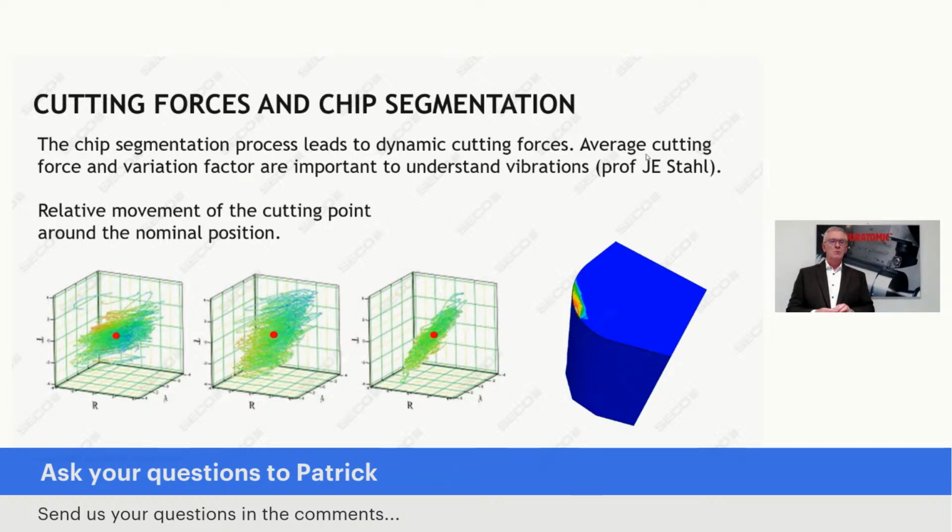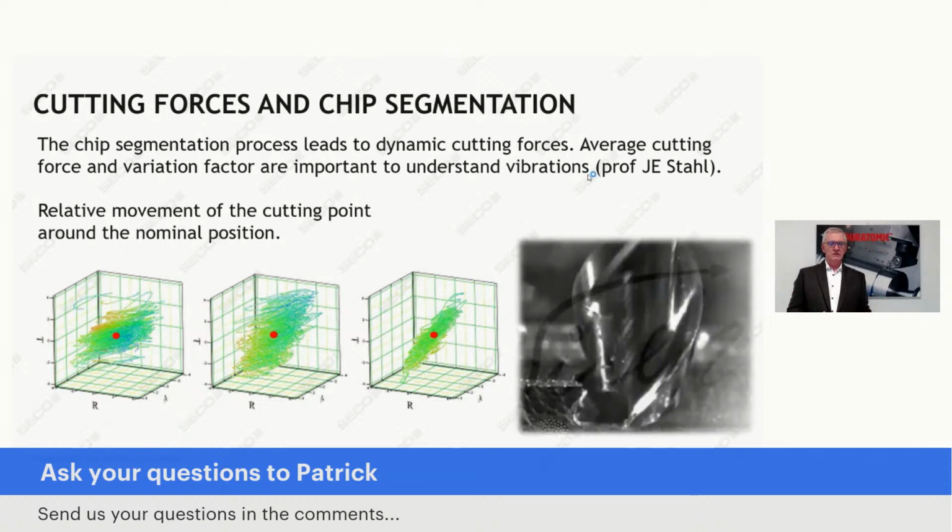But if we look at reality, however, the cutting point, the green thing you see on the diagrams here, is making movements around the equilibrium position, the red dot, and that creates micro vibrations.